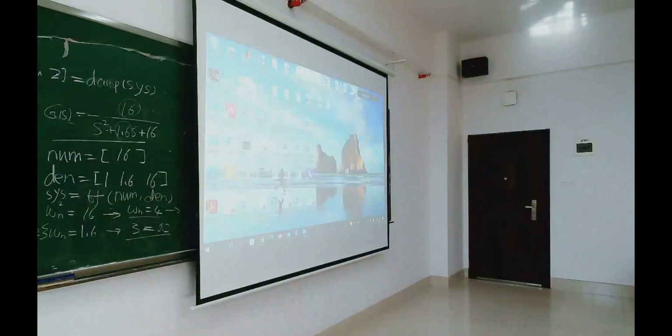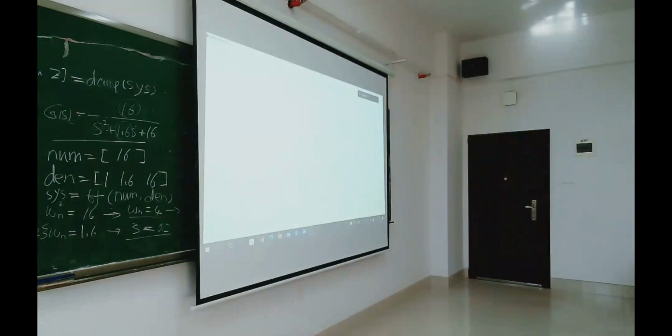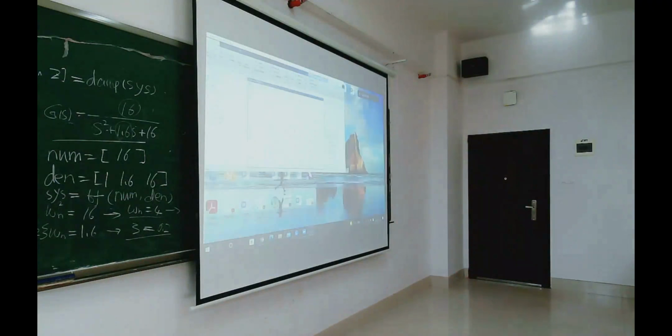Okay, let's open Matlab again to see. If you want to use Simulink, then here, open the library.